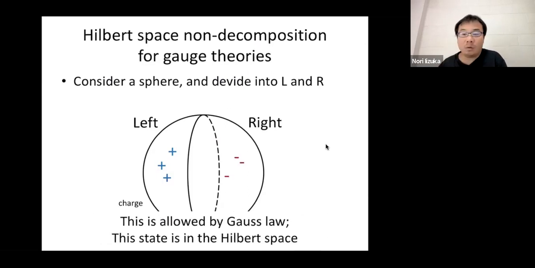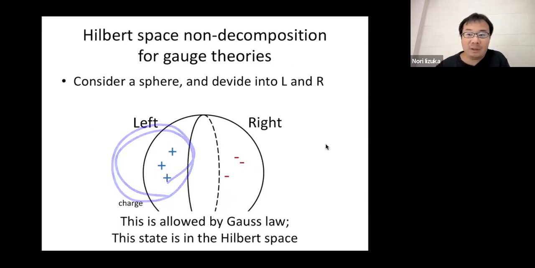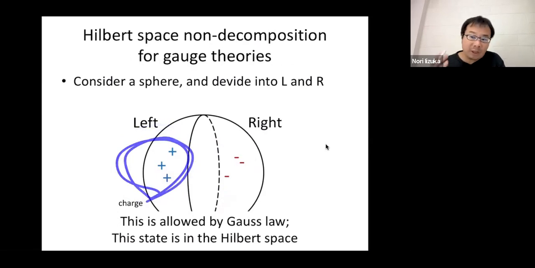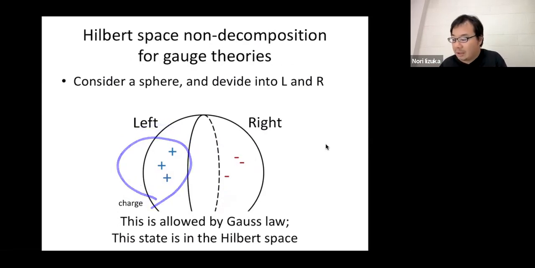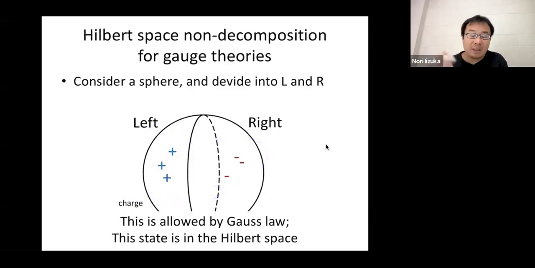In order to include it in the Hilbert space, we have to include somewhere -3 charge so that total charge is zero. But this obviously implies that the Hilbert space does not factorize in such a simple case, because factorization means that whatever state you have in the subregion, you can choose independently of the state defined in the other subregion.